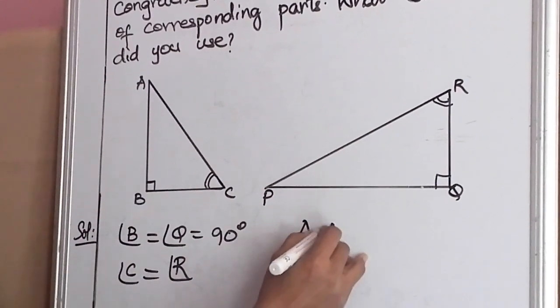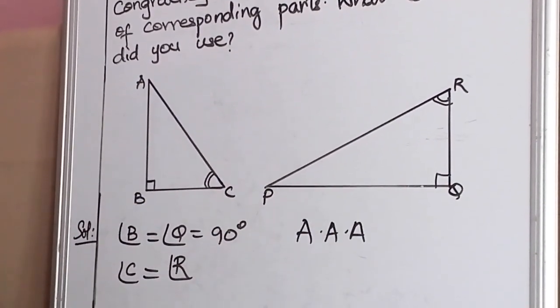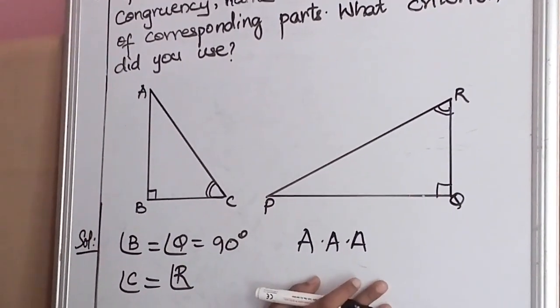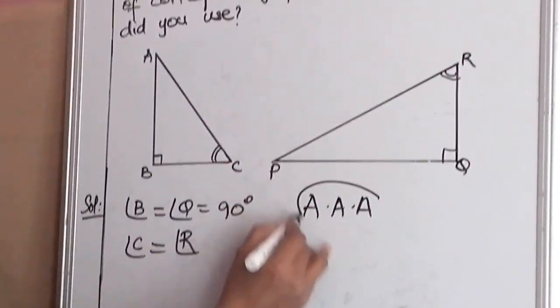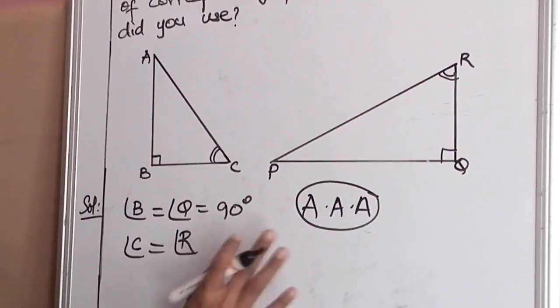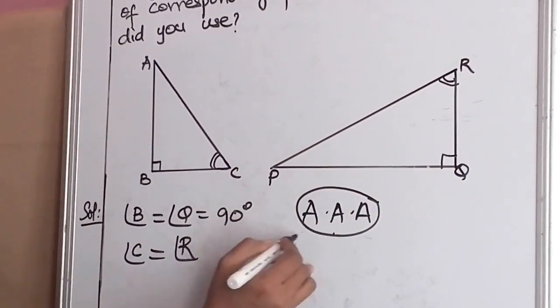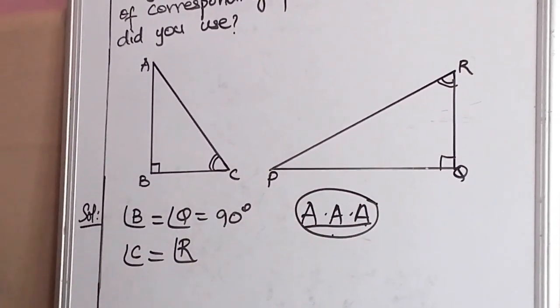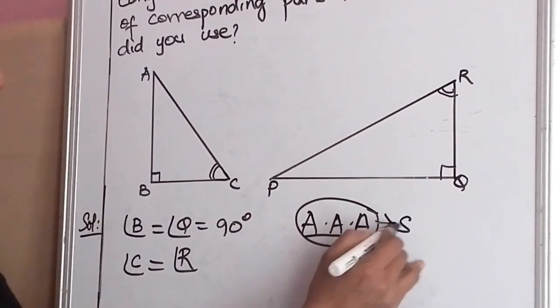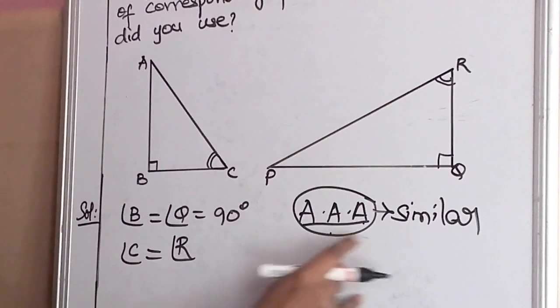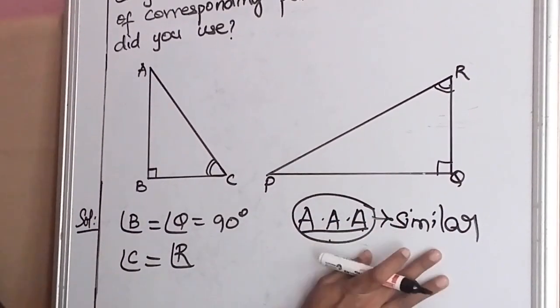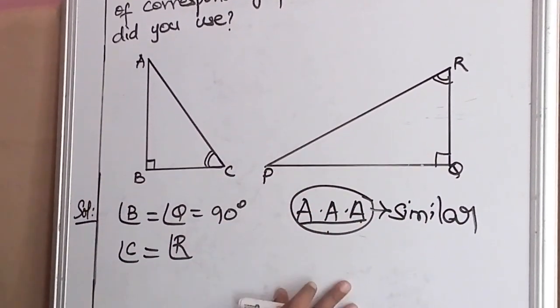When we take angle, this is an example I am taking. If I take that these two angles are equal, this is not a congruency condition. If two triangles are having all three angles same, they become similar triangles, but they do not become congruent triangles.